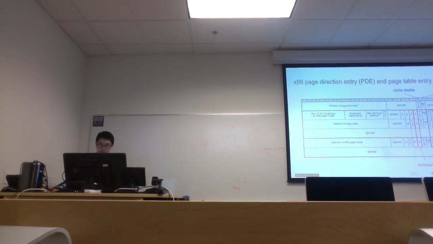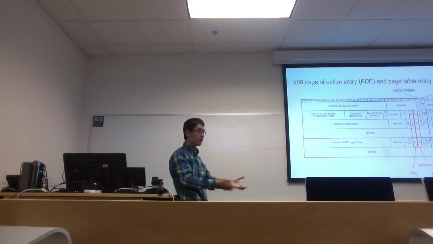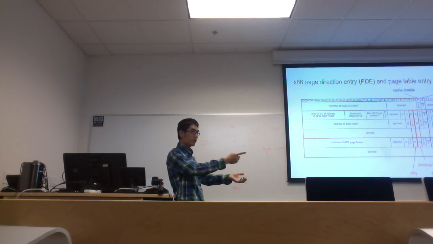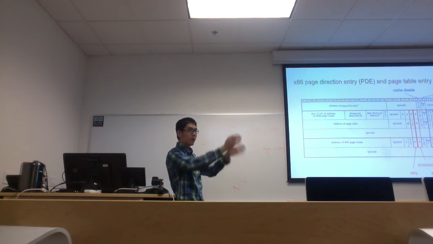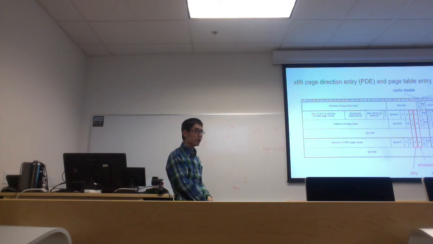And there are two interesting bits. One access bit, one dirty bit. So the access bit means if the page is there and the program accessed it, the CPU issued an address that falls inside this page, then this access bit will be set to 1. Who clears it?